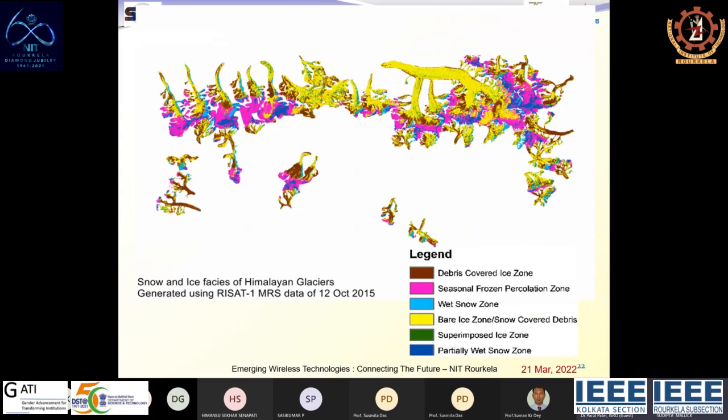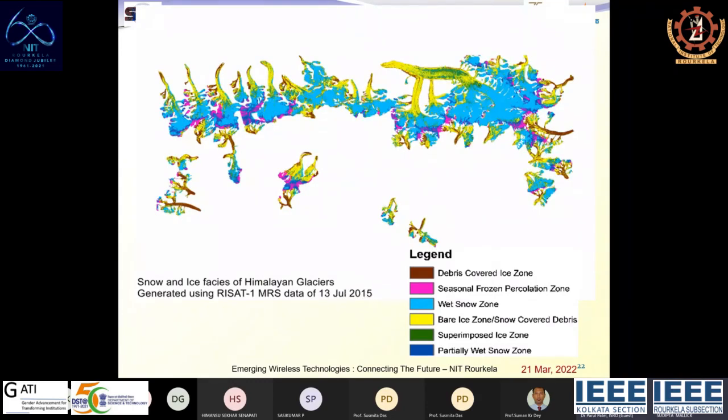Okay, I was just trying to show that SAR also has a very huge potential using our own radar imaging satellite. We measured the inaccessible areas of Himalayan glaciers, and we can find out if it is under debris cover, or there's seasonal frozen snow, or wet snow, or bare ice zones.